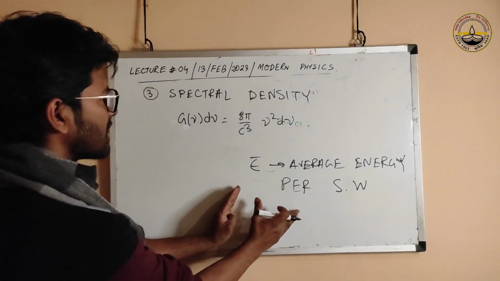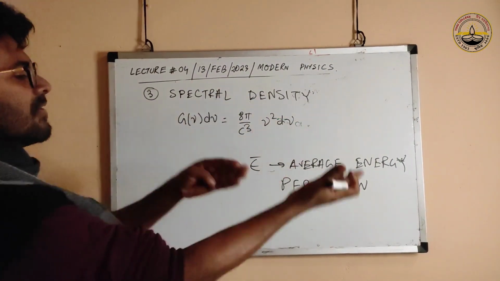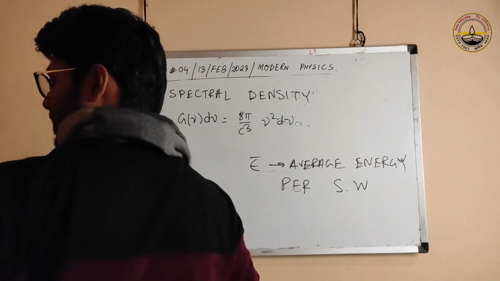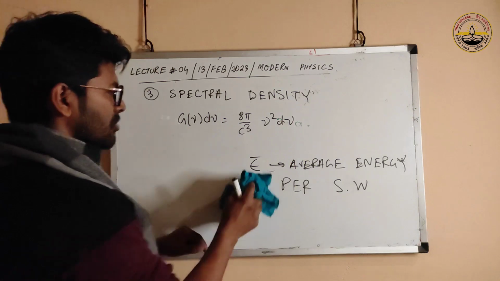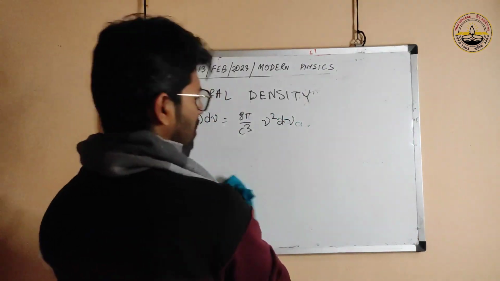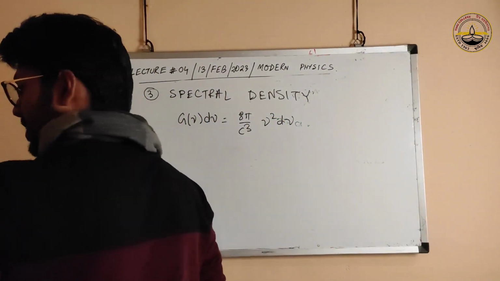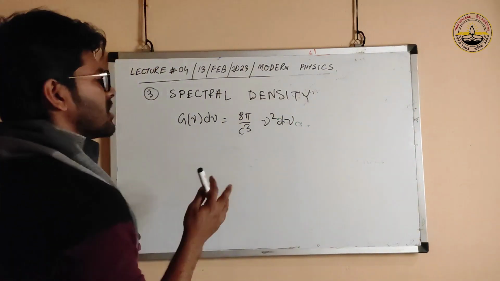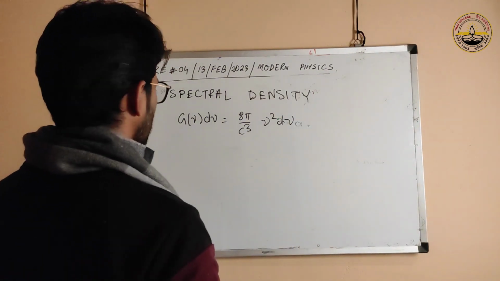Then multiplying this with this would give us the actual spectral energy density. The energy radiated per unit volume in the frequency range nu and nu plus d nu.